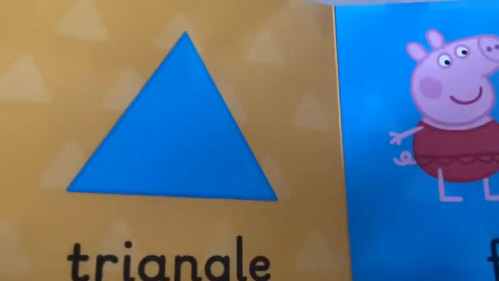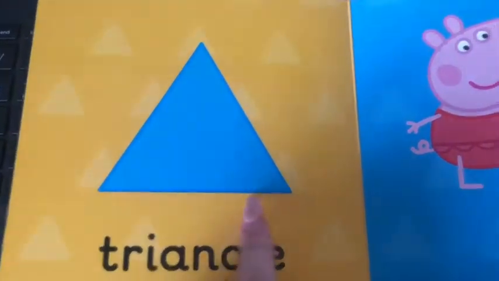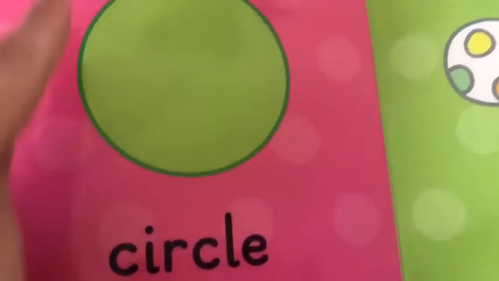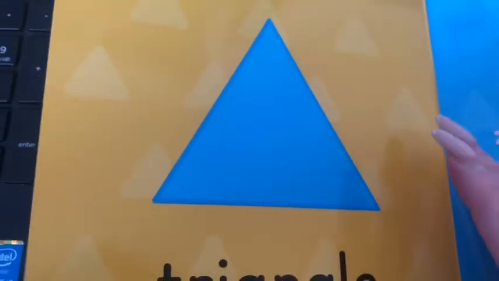What's different about the sides of the triangle and the side of the circle? I think that the sides of the triangle are straight. Do you? I think they're very straight. If you look at the sides of a circle, they're round. There's no straight sides.